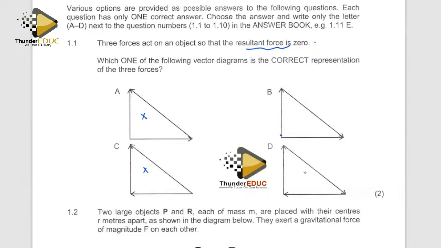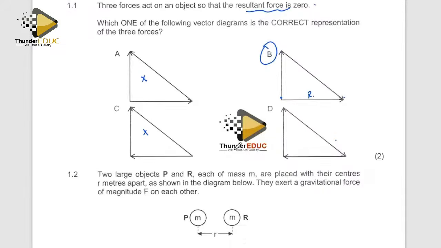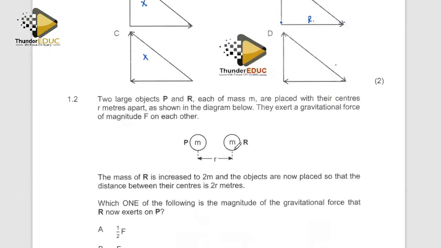An example, if this one starts from here and goes up, this one goes down, this could be the resultant. Okay, so if this one, then that. So I'm going to take B to be my correct answer for this case, okay? I'm taking B to be my answer. Please help us in the comment section if you differ with what we are choosing, okay?